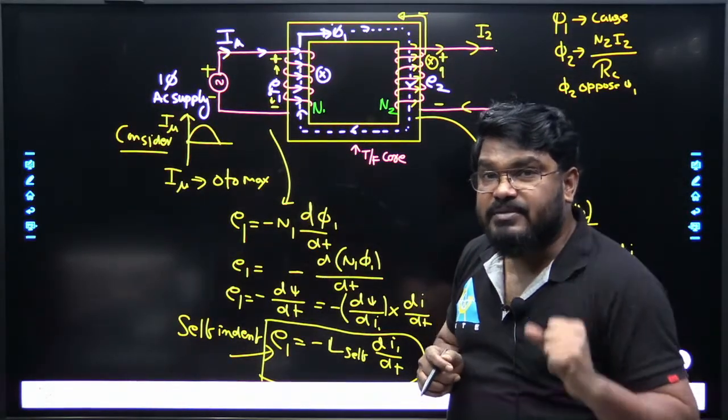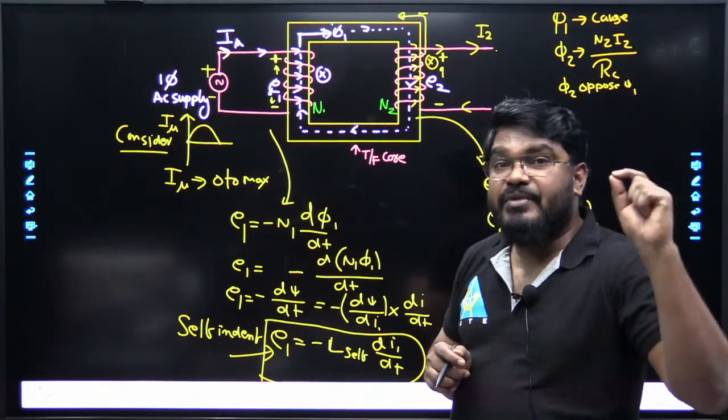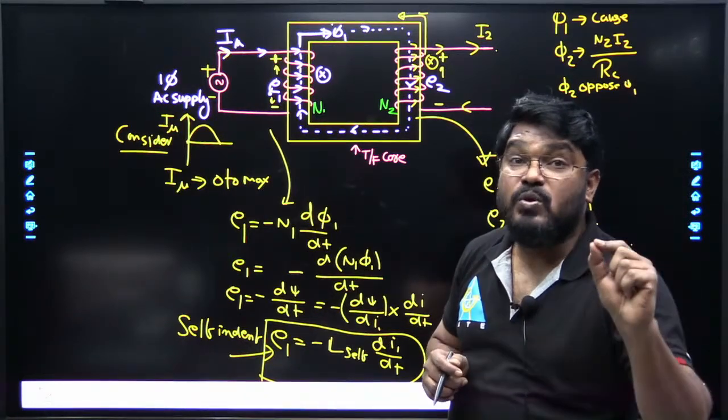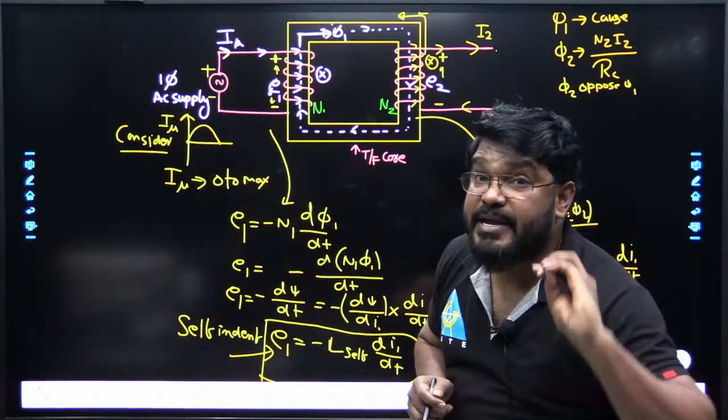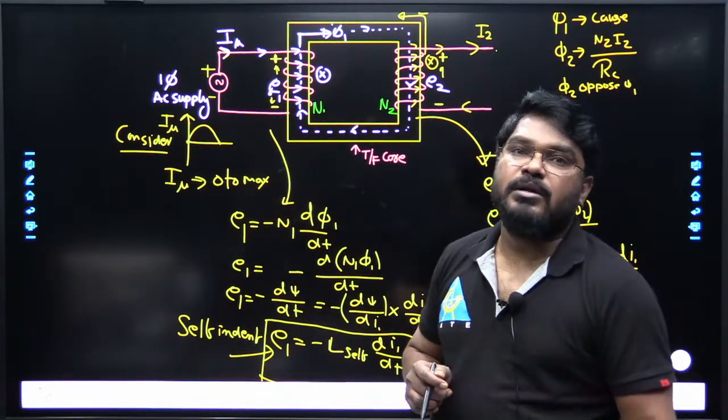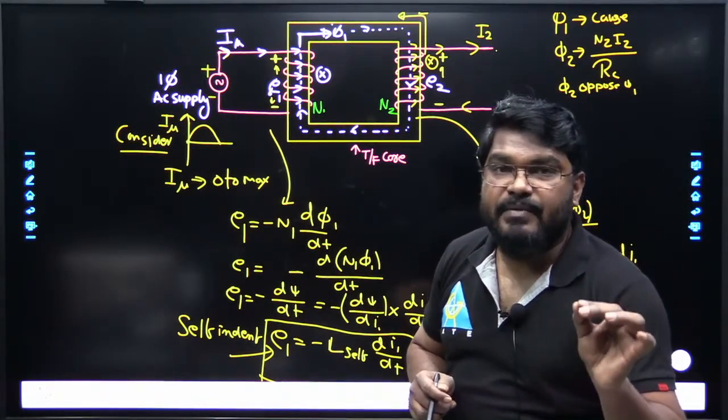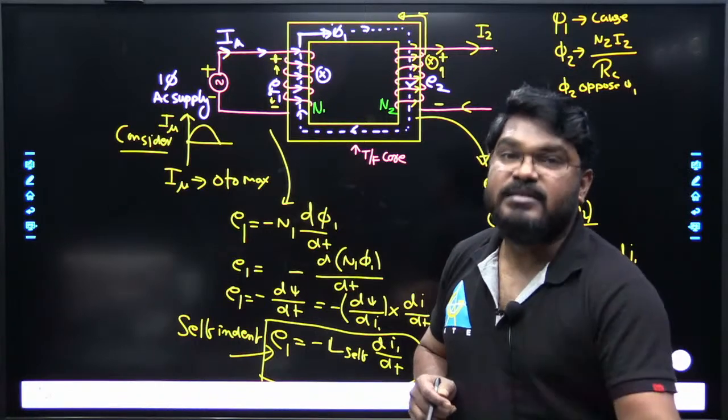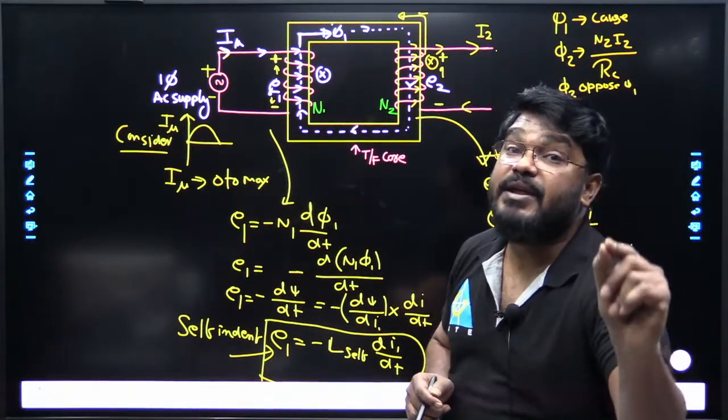What is the meaning of statically induced EMF? EMF induced in a coil due to relative time variation between the magnetic field and the set of conductors, but not relative motion, is known as statically induced EMF.